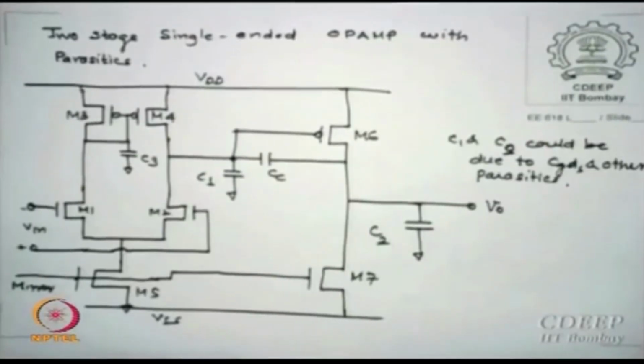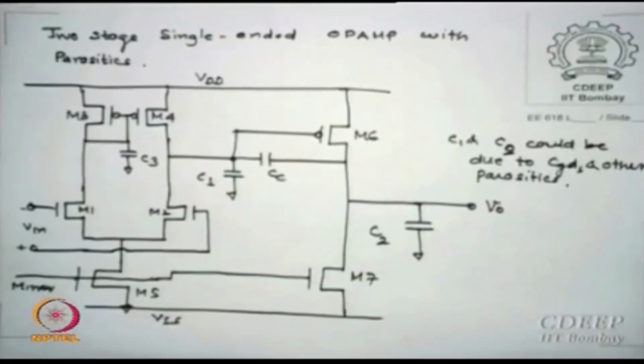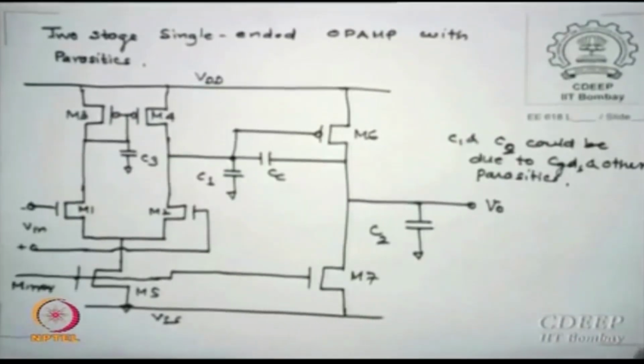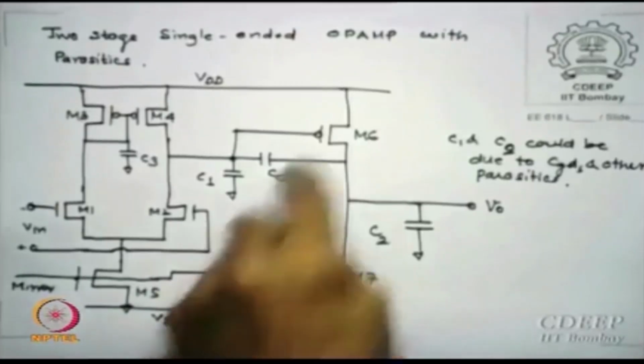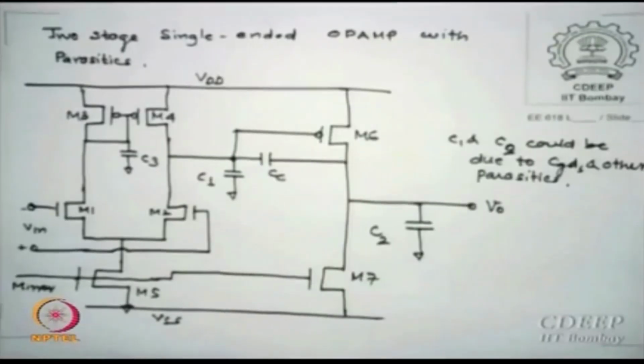What is the purpose of CC? It is the feedback capacitor which we put between output and input, is that correct? This is the input, this is the output, so we are giving feedback for the gain stage. This C1, we already said, is the bunch of all capacitances which I had last time.